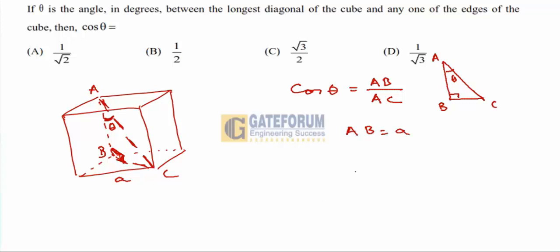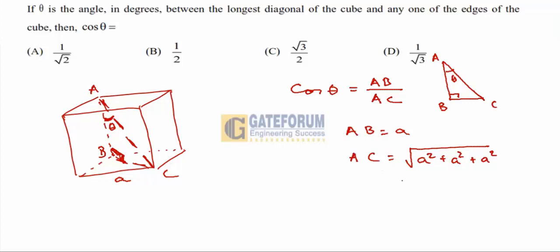I hope you understand that the longest diagonal, AC, would be nothing but the square root of a square plus a square plus a square, because it is after all a cube, so all the dimensions are equal, length, breadth and height.